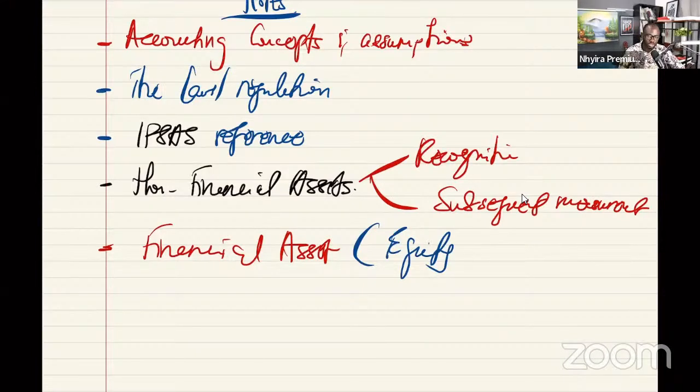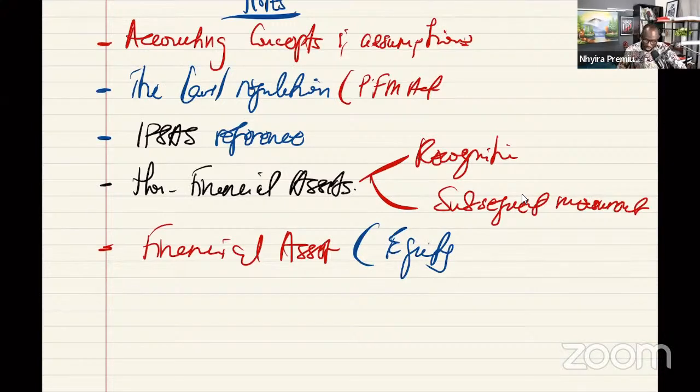So the accounting concept must be disclosed. The laws and regulations. Here we are talking about the PFM Act, the Public Financial Management Act, and the Public Financial Regulations 2019. These are the laws, and then directives from the Controller and Accountant General, the Auditor General, and the Minister of Finance.